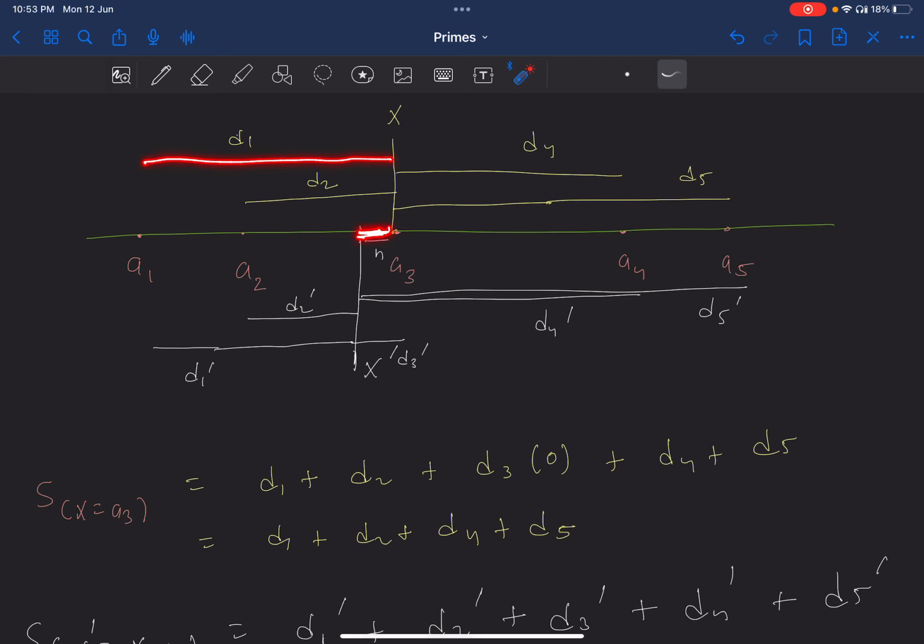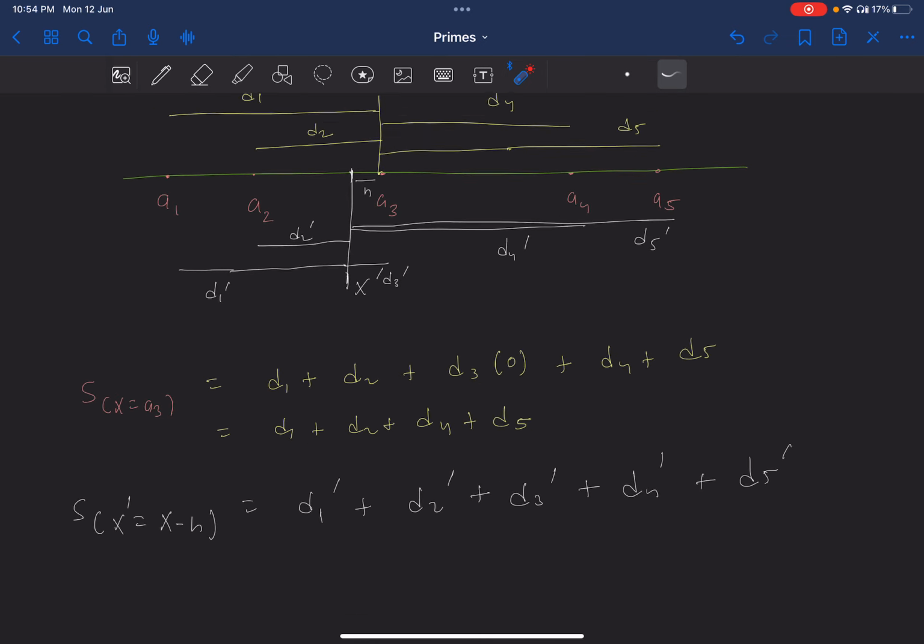So this number plus this number plus this number is equal to d1. So d1 dash is equal to d1 minus h. Similarly, d2 dash is d2 minus h, right?